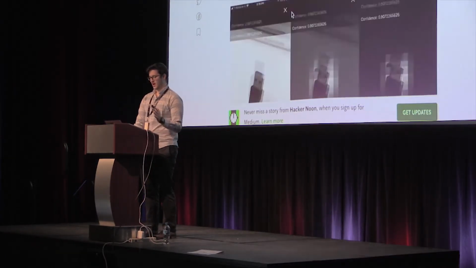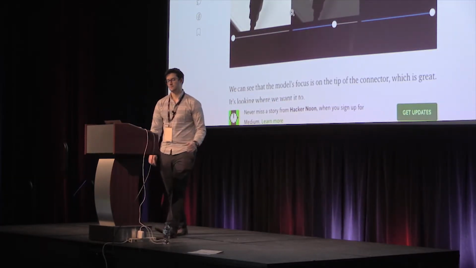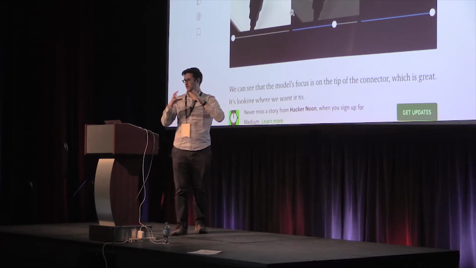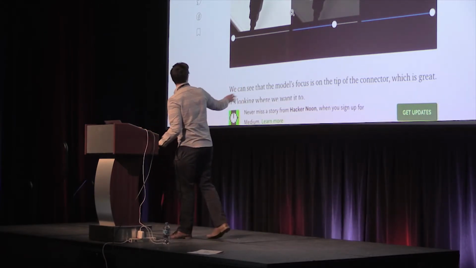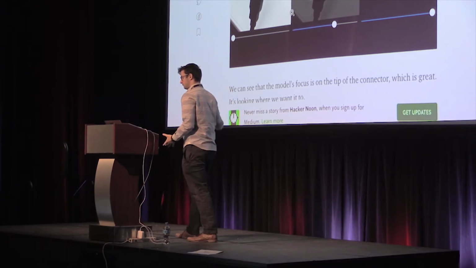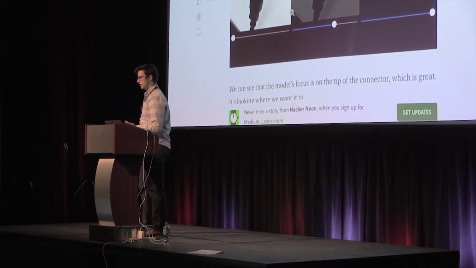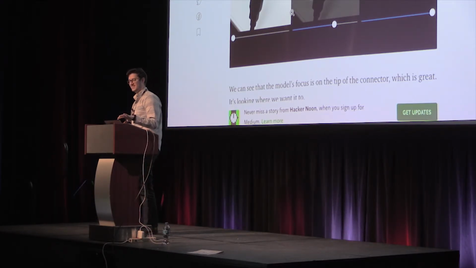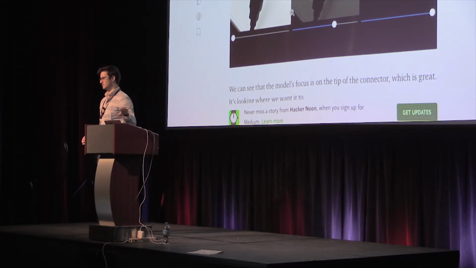We can do that across a lot of classifications and end up with a sort of cloud of what region is important. So that's another way you can see what the model is focusing on. Does that make sense?